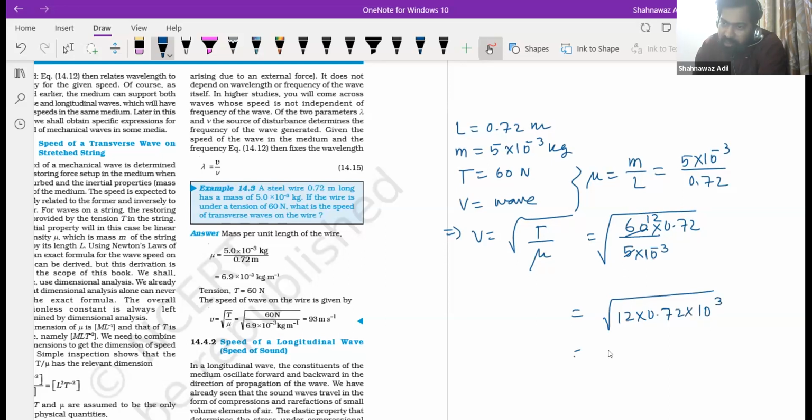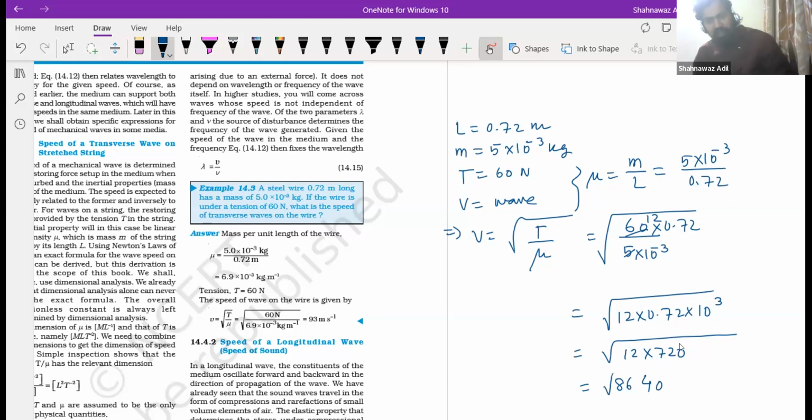How much is this thing? This would be 12 into 7 and 20. So 12 into 24, and 84 and 2, 86 and 0.